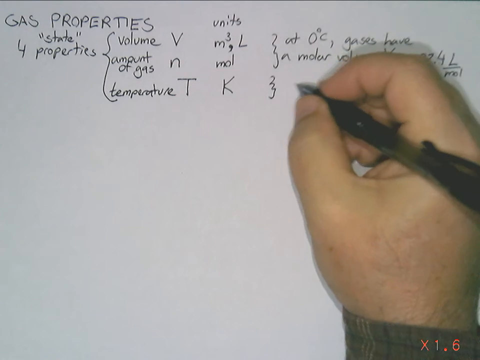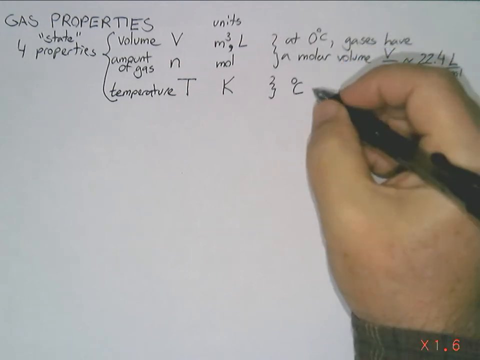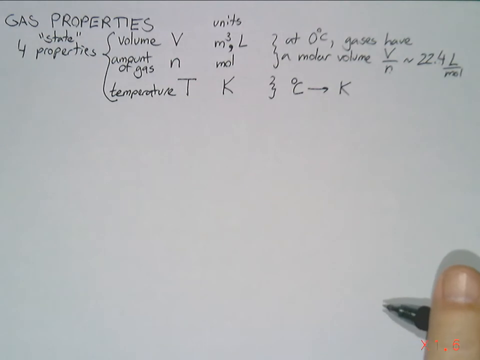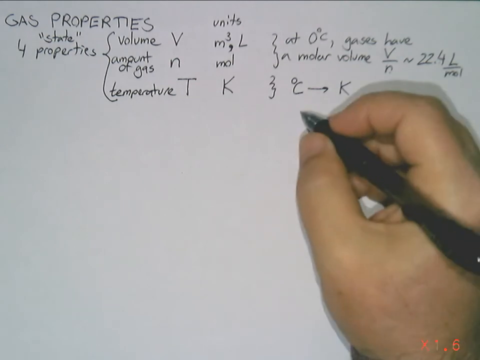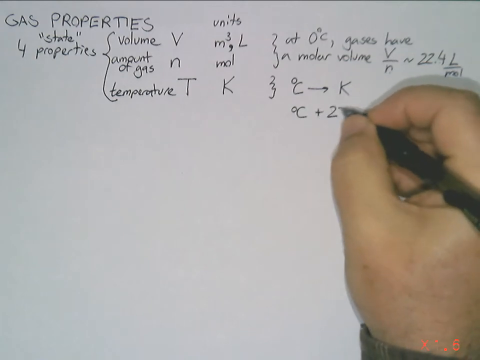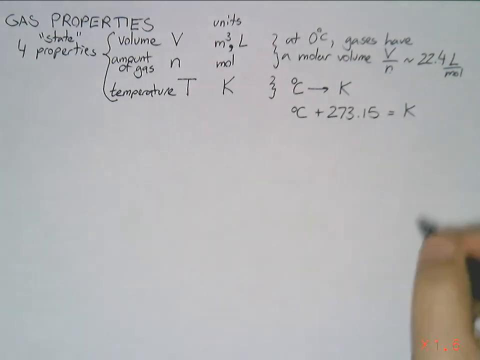Remember that if the problem gives you degrees Celsius, you have to convert it into kelvins if you're going to do gas law calculations later. For example, if you've got the temperature in degrees Celsius, you can add 273.15 to it to get the Kelvin temperature.